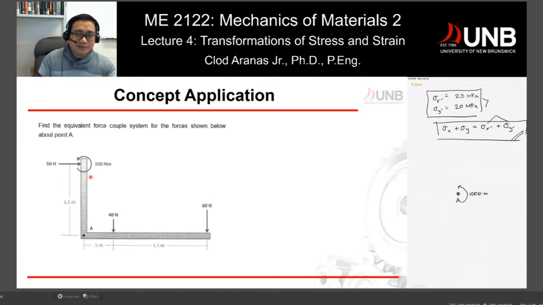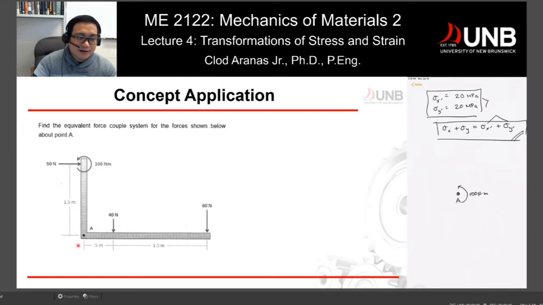Now, how about the forces? The forces need a moment in order for you to move them from one point to another. So let's say we are going to move this 50 newtons to point A. What would be the effect of this 50 newtons at point A? You have to get the moment. From point A going to the 50, the rotation is clockwise.